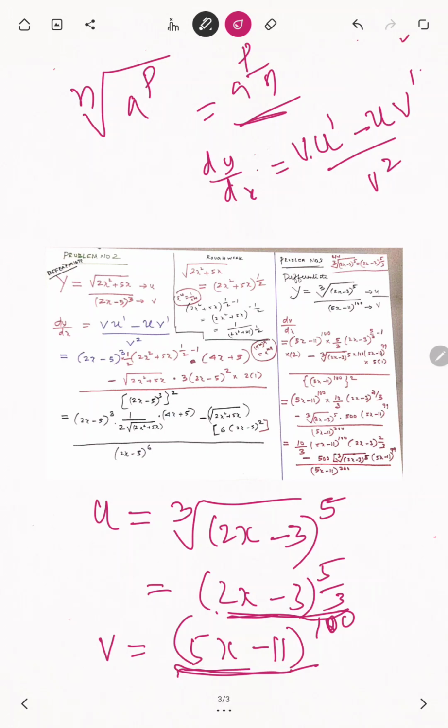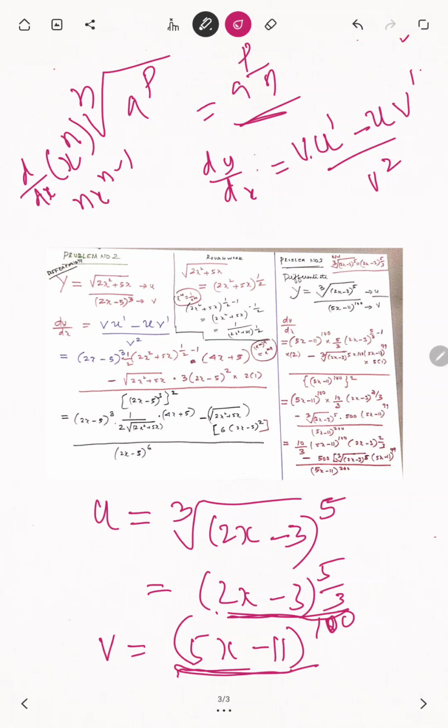Base is 2x minus 3, writing (2x minus 3) to the power 5 by 3 minus 1. This is purely applying the basic fundamental formula, x power n is equal to n x power n minus 1. So we write 5 by 3 as it is, not disturbing the base and subtracting 1 from the power, that is 5 by 3 minus 1.